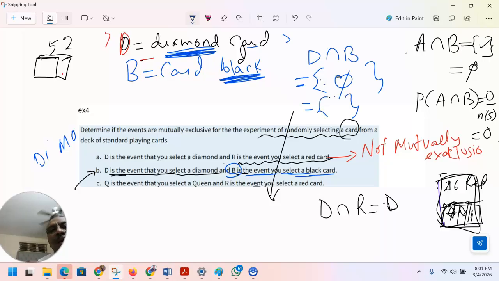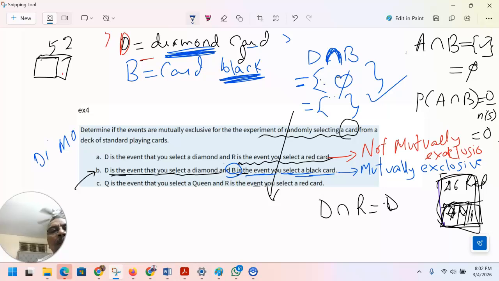So the question is, are these mutually exclusive? Yes. Why are they mutually exclusive? There's nothing common. Their intersection is empty.